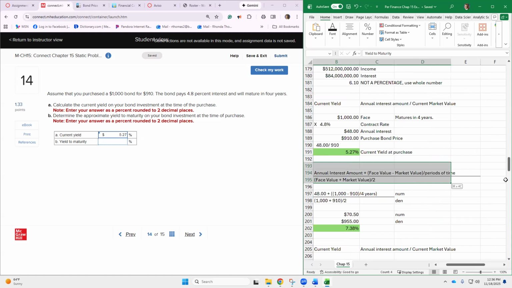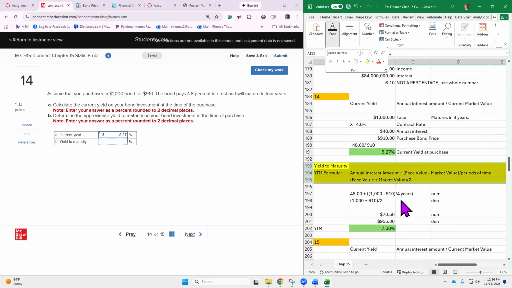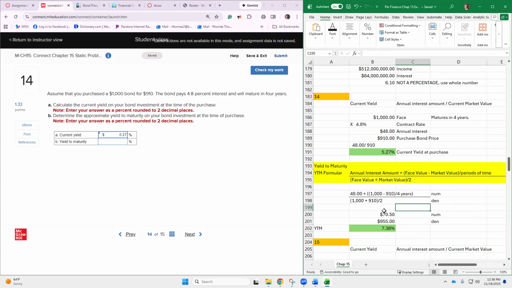And the 2 is part of the formula. It's not something that you have to find. Okay, so once again, I put in the 48 and I put in the 910 and I put in the 4 years, but the 2 is part of the formula. Okay, so it's just like what this says.